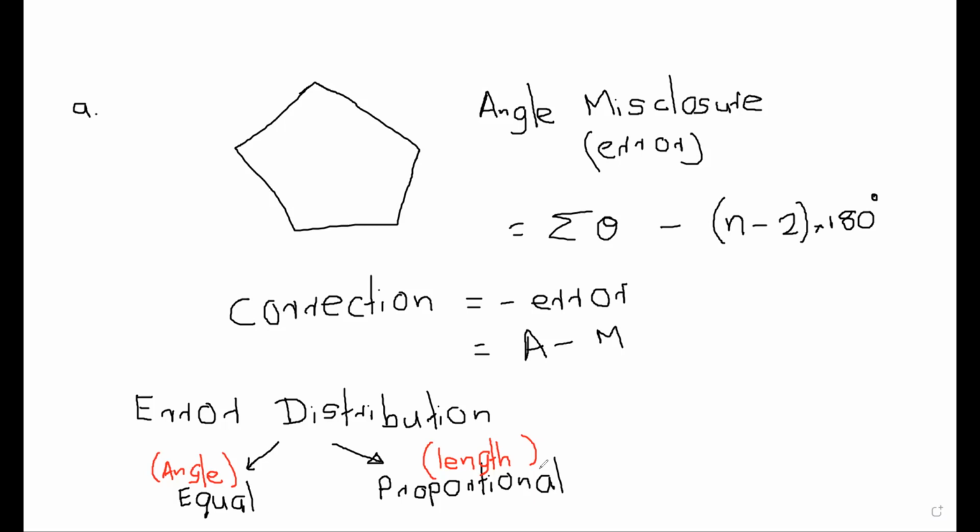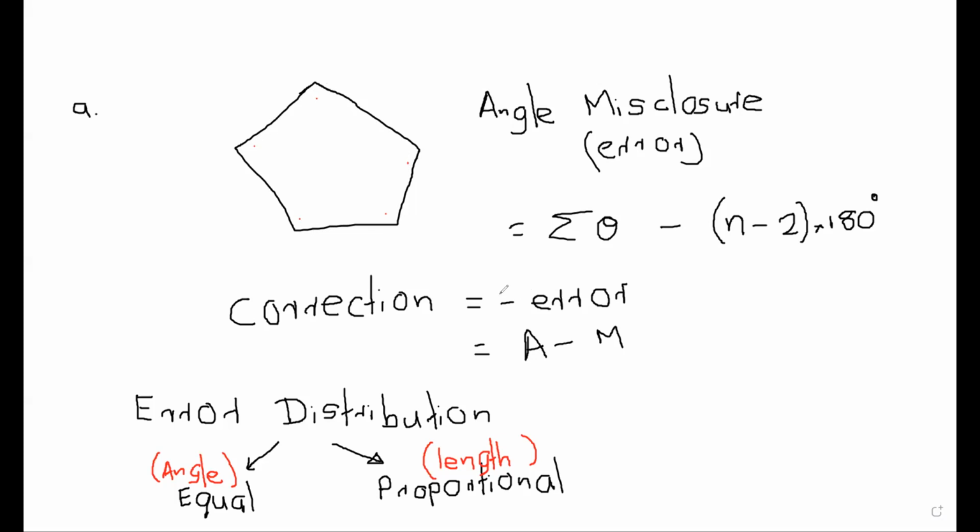Now what you have to do, you know the error and you have number of members, number of angles, and then you distribute this correction equally among the angles. So first of all, you have to correct the angles. I have explained a little bit in detail because this would be needed in the other sections also.